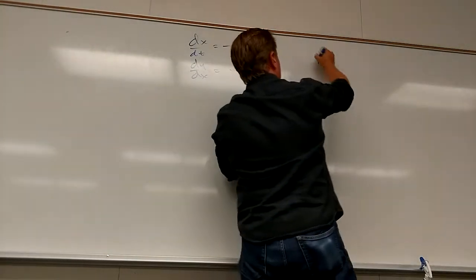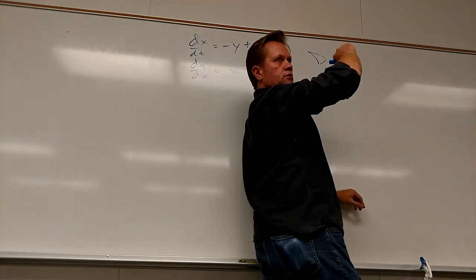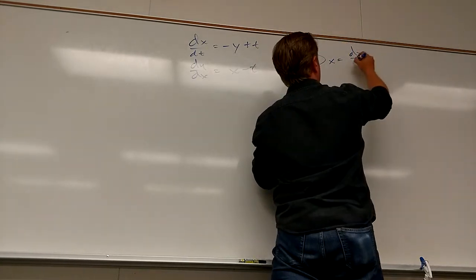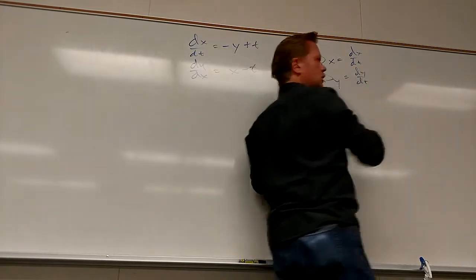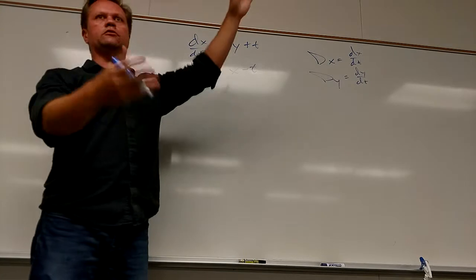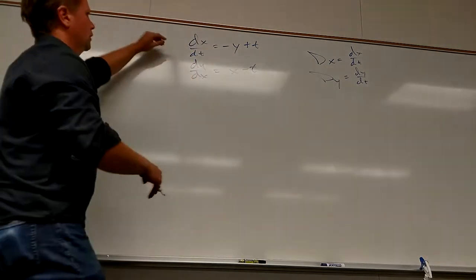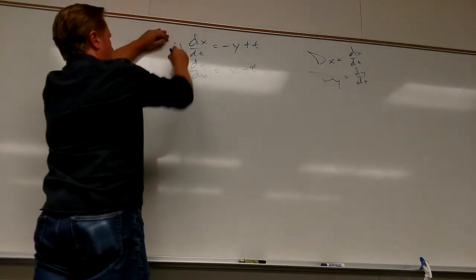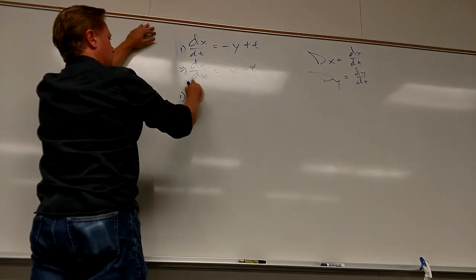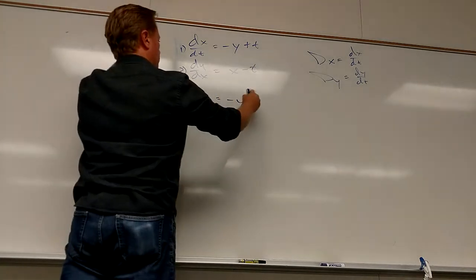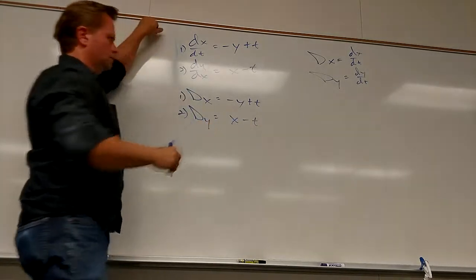Do you remember what dx represented before? In this case it would be dx dt, and dy would be dy dt, just because everything's in relation to the derivative with respect to t. Okay, so I can write this first one, let me call them 1 and 2: Dx equals negative y plus t, and dy equals x minus t.